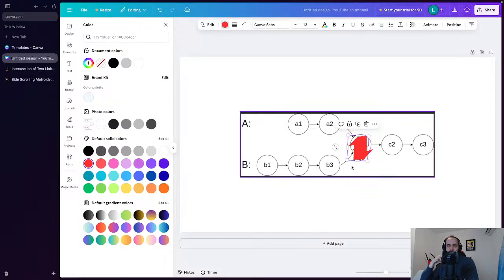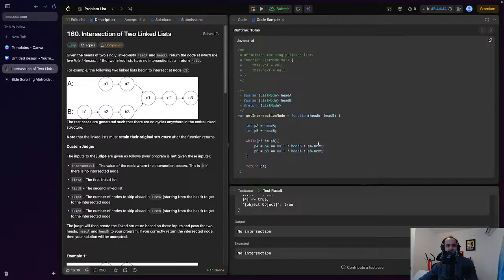But there's no way that's faster. Is it? Because you've gone through it twice. I mean, it's faster, but I don't understand how it's faster. I guess average case, it's faster, but.